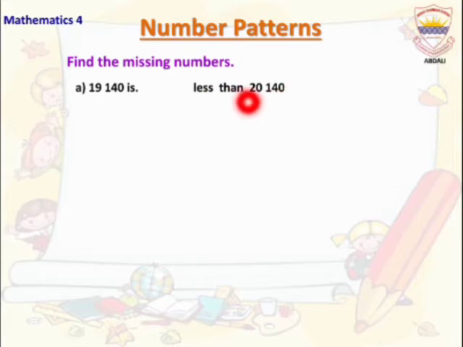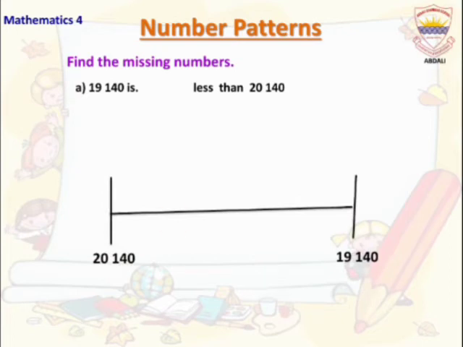Now students, tell me which number we subtract from 20,140 to get 19,140. Less means we subtract tens, thousands, hundreds in 20,140. First of all, we draw a number line.